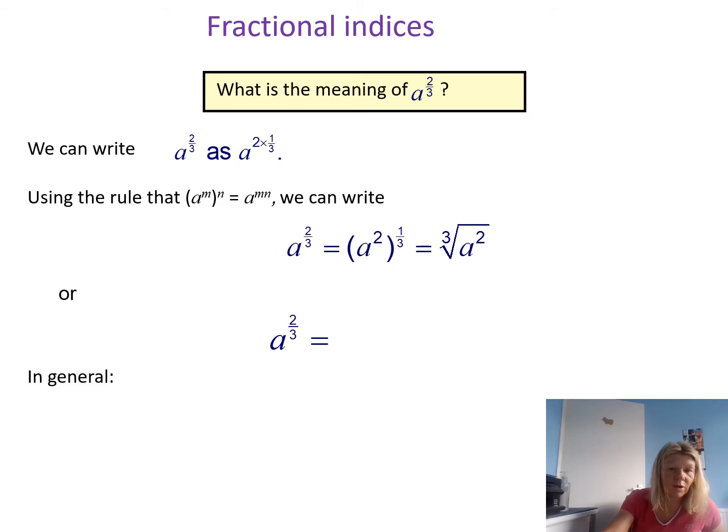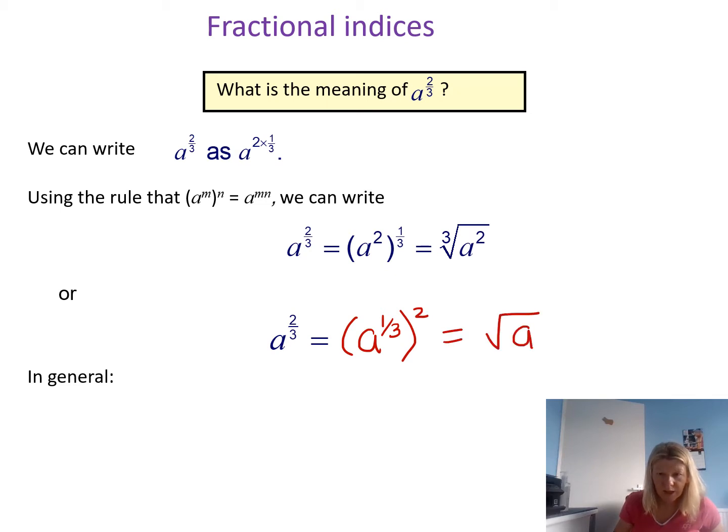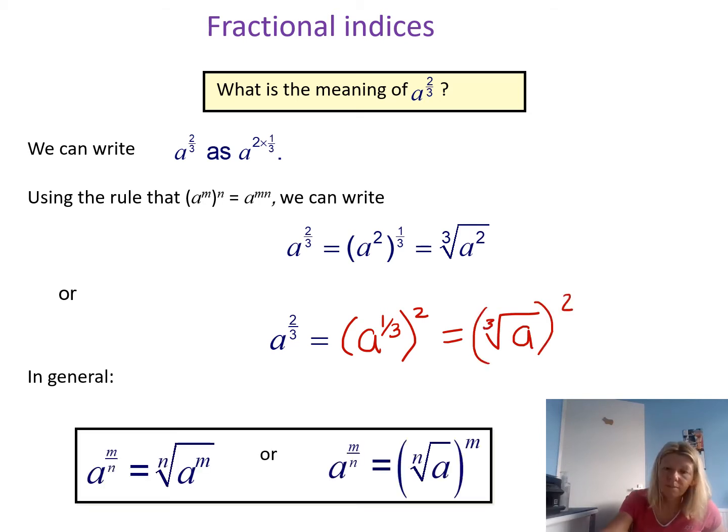Or you could take it the other way around and call it a to the third all squared, which would be the cube root of a all squared. In fact, you can write them in different ways, whichever one tickles your fancy.